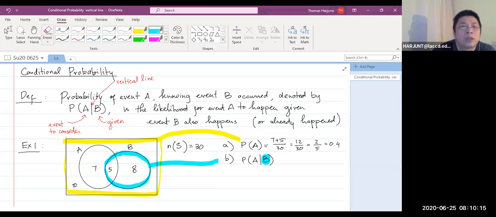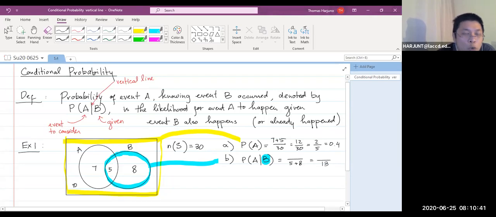Instead of the whole Venn diagram, which consists of 30 elements, we actually select from those elements in B only, which is 5 plus 8, 13.